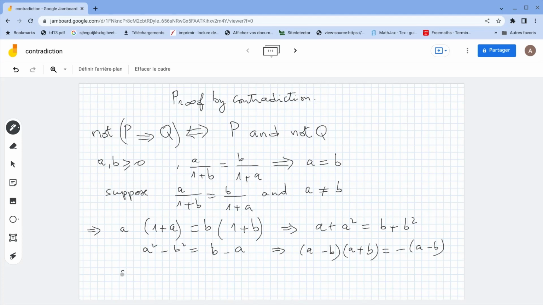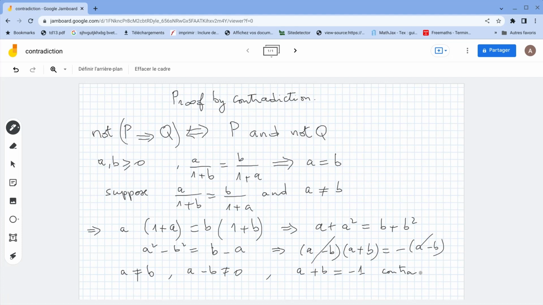Since A is not equal to B here, then A minus B is not equal to 0. Then I can divide the equality by A minus B and get A plus B equals minus 1.